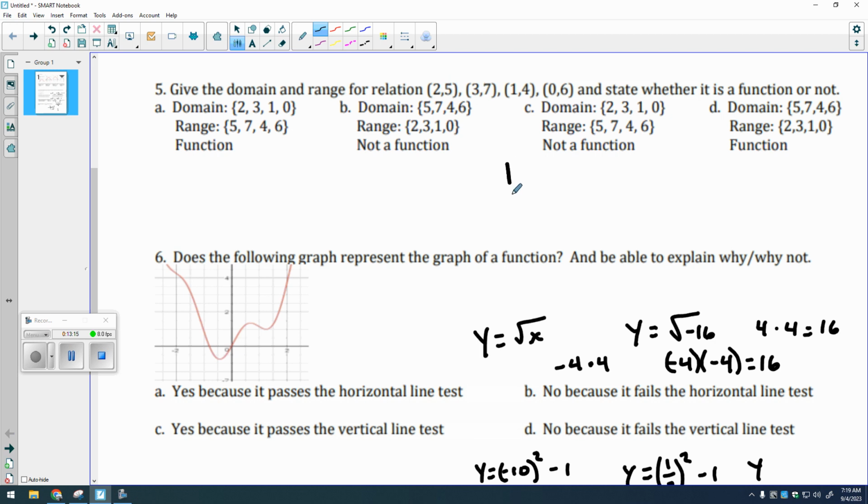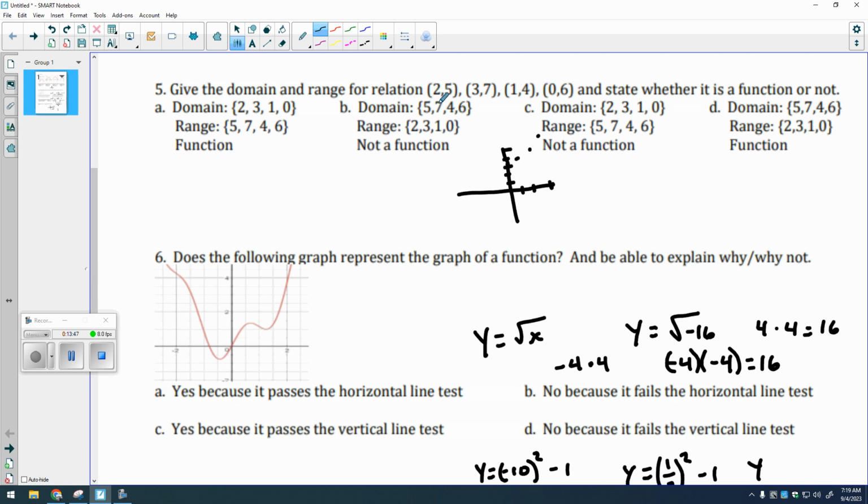If I were to graph this, I have a point at 2 and 5, a point at 3 and 7, and a point at 1 and 4. There's nothing in between here. It's not a solid line. So my domain is simply 2, 3, 1, and 0. The x values.